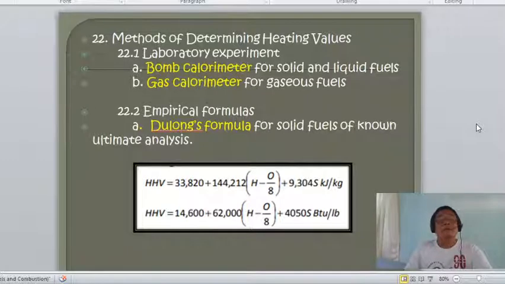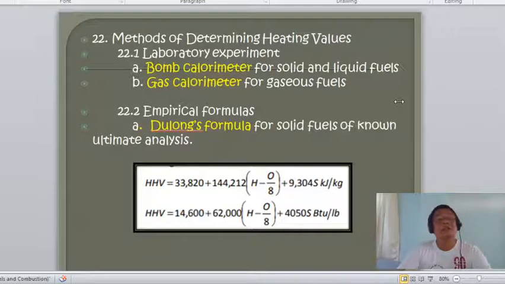Okay, so let us now go to the methods of determining the heating values. Anyway, there are two. Okay, so we have here the bomb calorimeter. Of course, this is used for solid and liquid fuels, and the gas calorimeter for the gaseous fuel. And we have here the Dulong's formula.